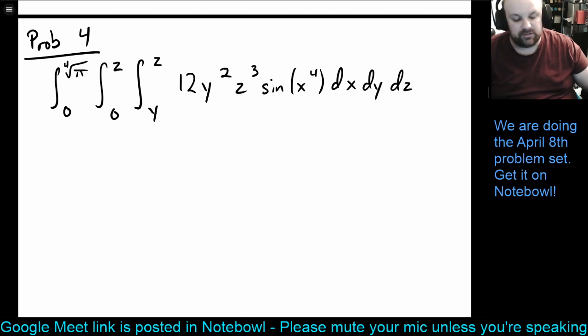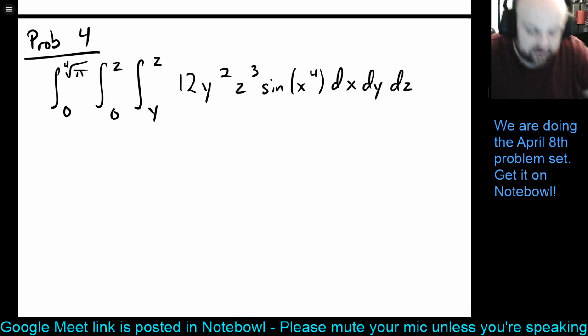So we have to figure out how to switch the order here. And just like with double integrals, knowing the shape of your region is going to be necessary to do that. So let's go ahead and try and figure this out here.